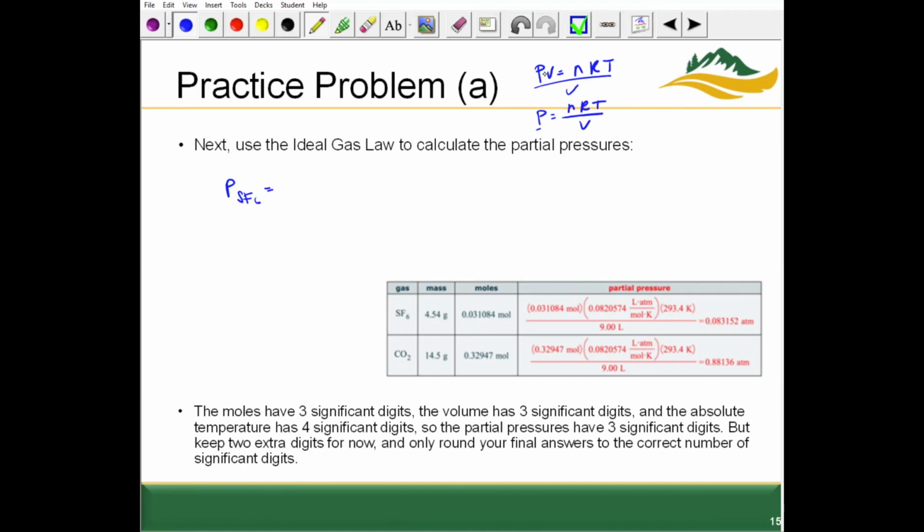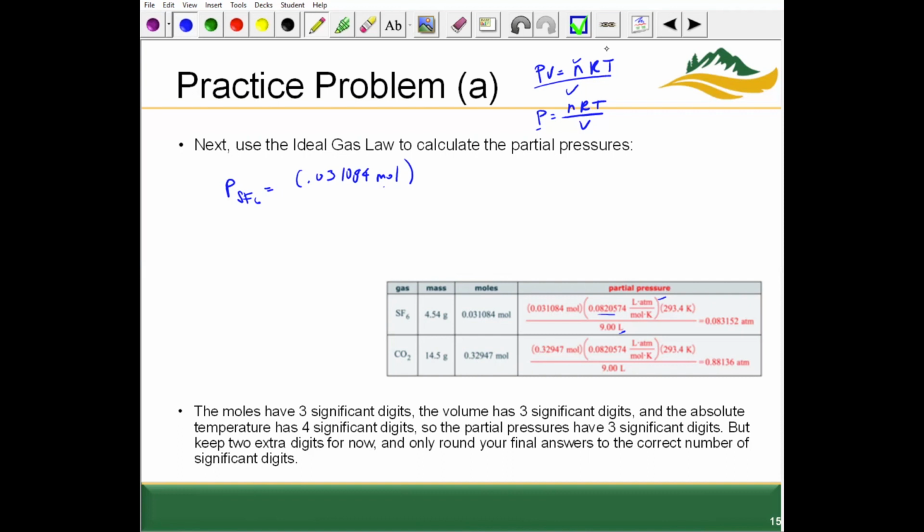The number of moles to plug in is 0.031084 moles of sulfur hexafluoride. That's our n term. For our gas constant, we have moles, we have Kelvin. We also have a liter term. We were told the tank is 9.00 liters. That leads to us using the gas constant of 0.08206 liters atmospheres per mole Kelvin.